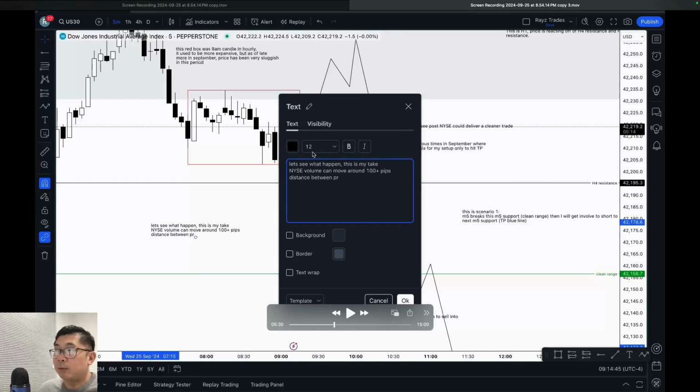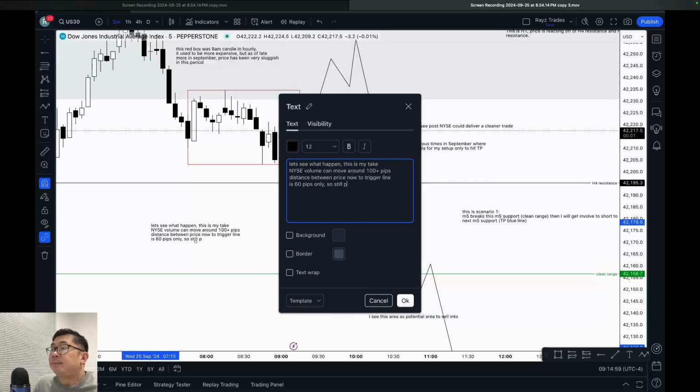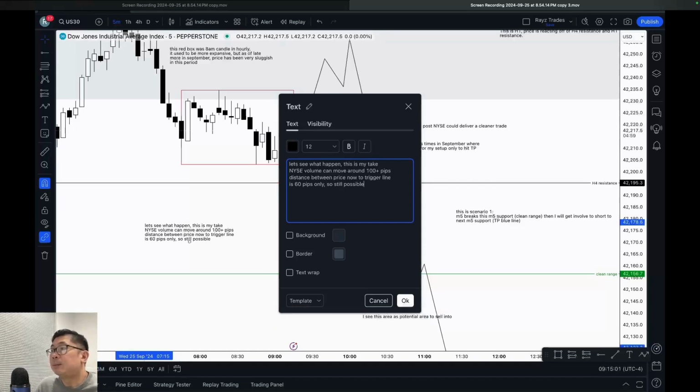The distance between where price is now, which is in that red box, that 8 a.m. range, all the way down there, is only about 65 something pips, which I said is very possible. It's not like reaching for the moon. Still possible, not far-fetched. That's what I wrote.